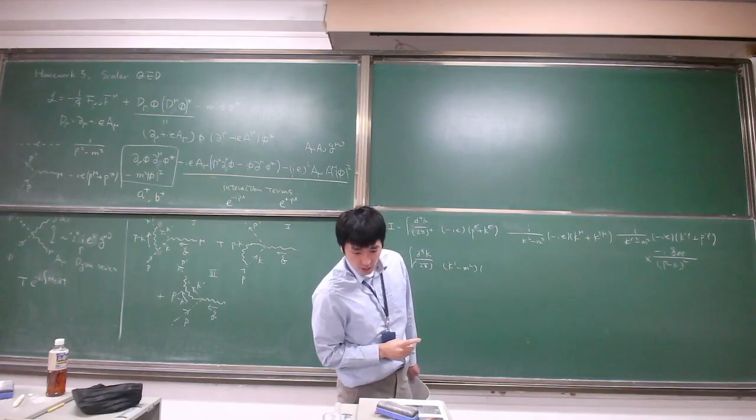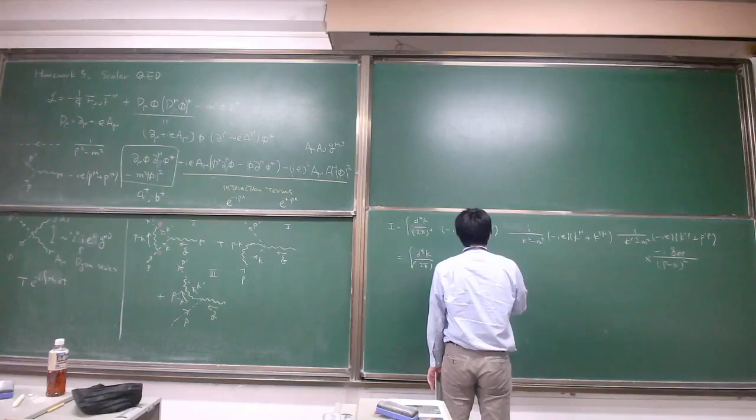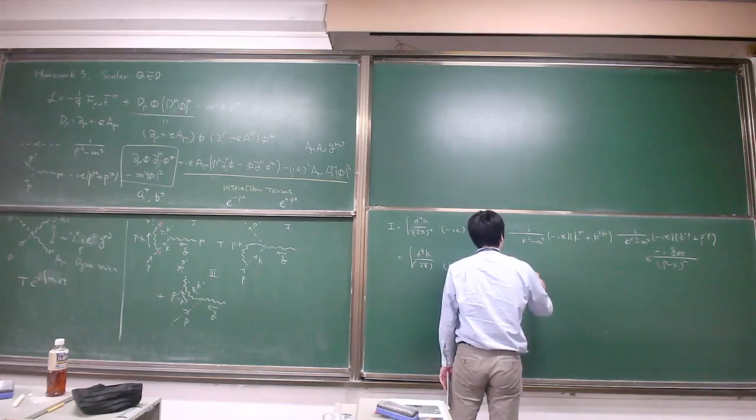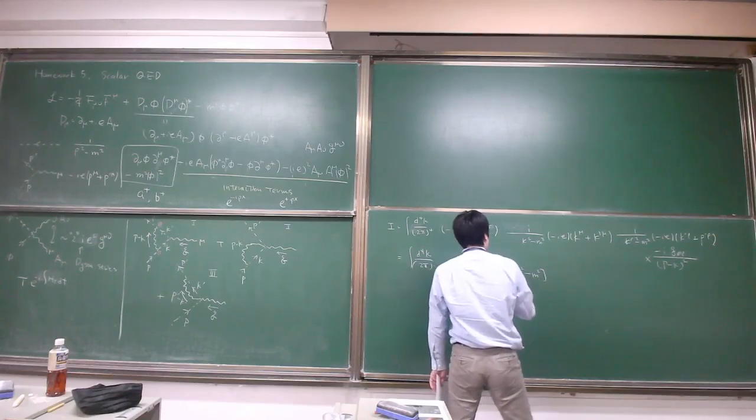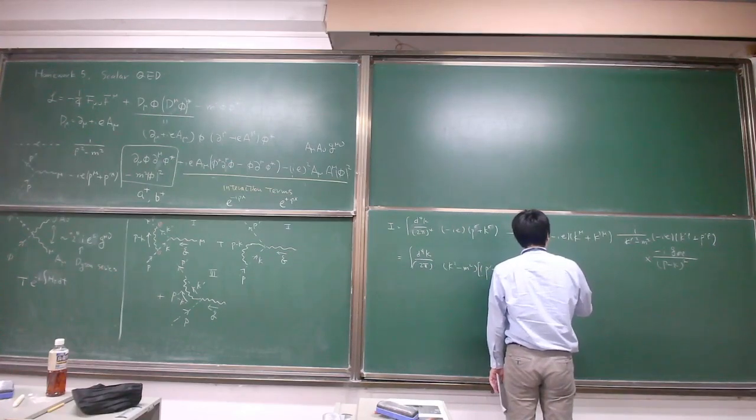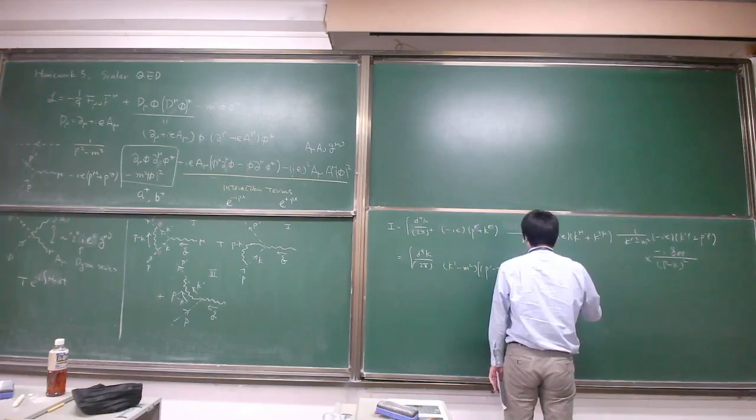And then I call K prime as P prime minus P plus K square minus n squared, and then P minus K square.